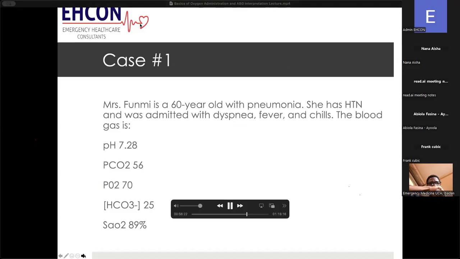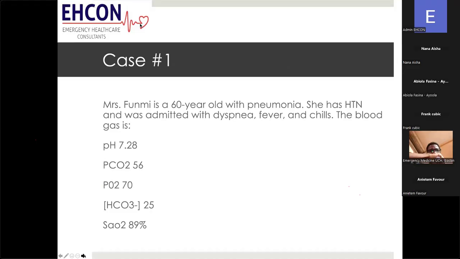All right, so the normal pH is between 7.35 and 7.45, and we now have a pH of 7.28. So clearly this is an acidemia. The next thing we need to figure out is what's the primary disorder? Is it a respiratory acidosis or a metabolic acidosis? We know our PaCO2 value should be between 35 and 45, and our normal bicarb value should be between 22 and 28.